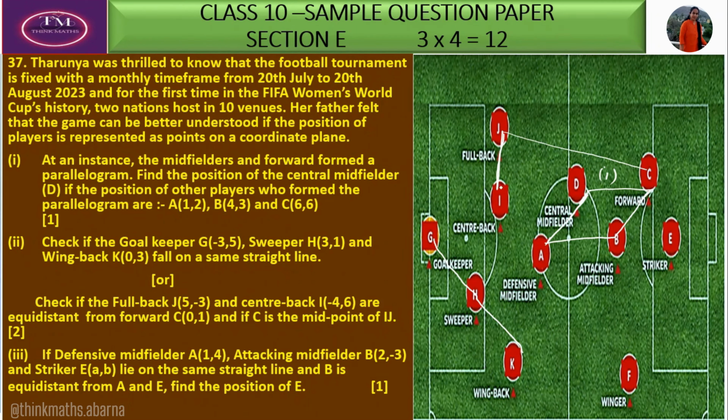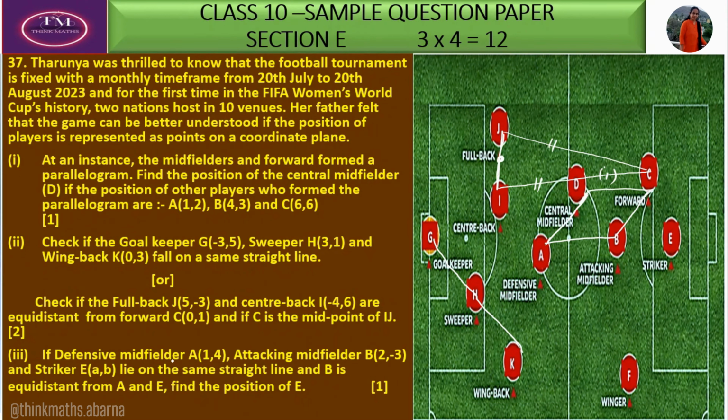So they are saying equidistant from forward C of 0, comma 1. So from C, the CI distance and CJ distance are equal or not. Then we have to check C is the midpoint of IG. So if you find the midpoint, its answer should be equal to the coordinate of C, and we have to check that.